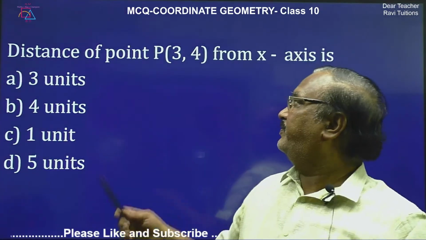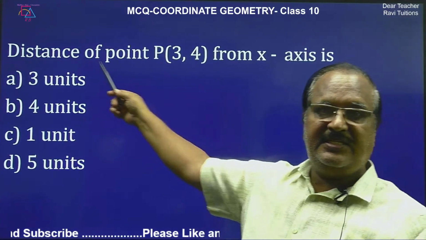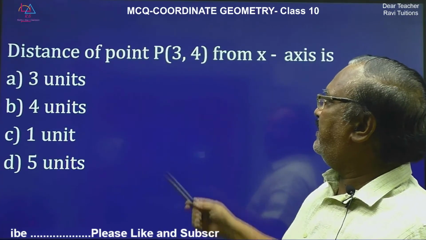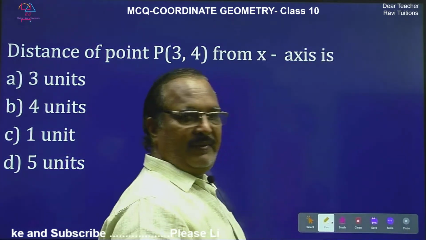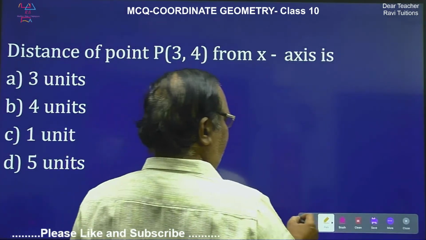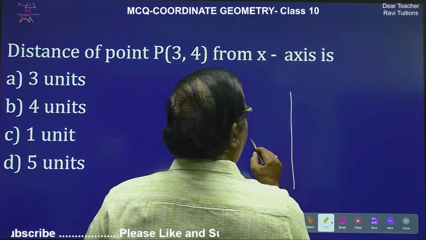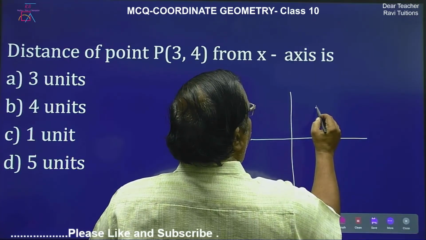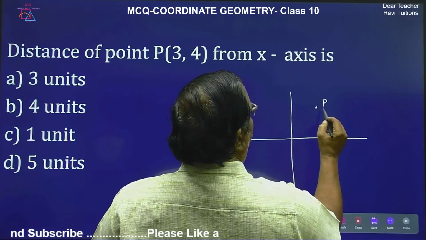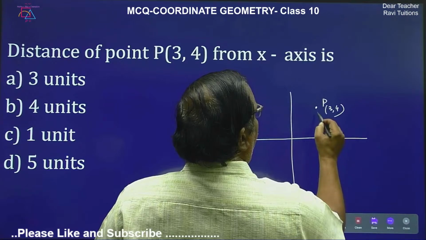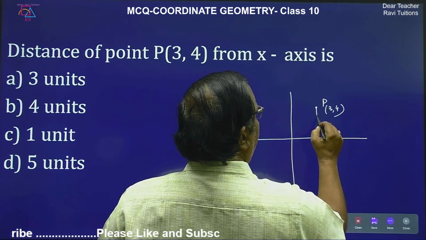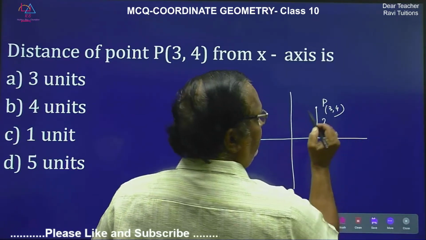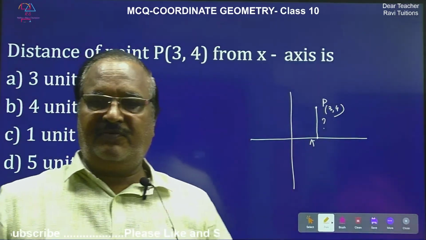So now let me touch this question: the distance of a point P from the x-axis. Here an important point: P is somewhere here, this is P (3, 4). Now this is the distance PA we have to find out.